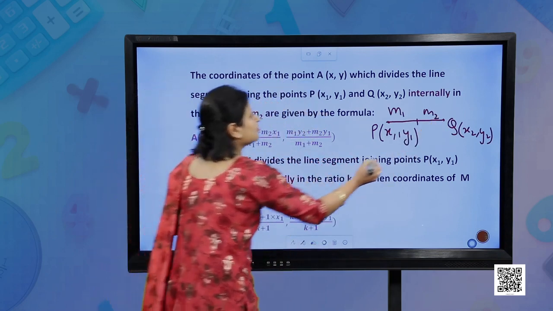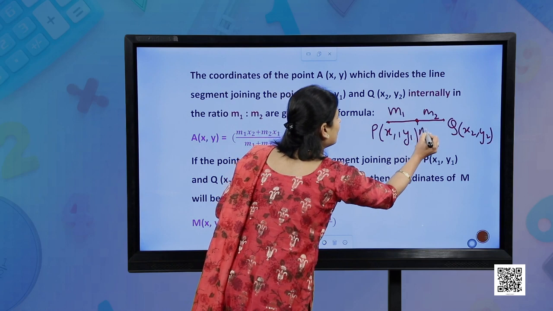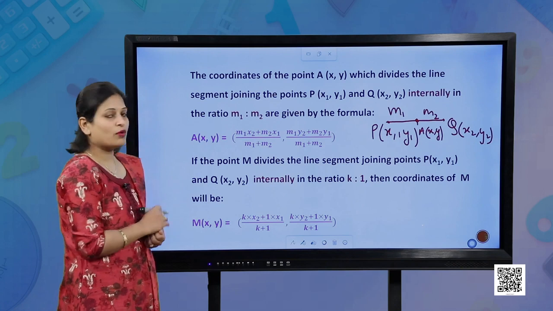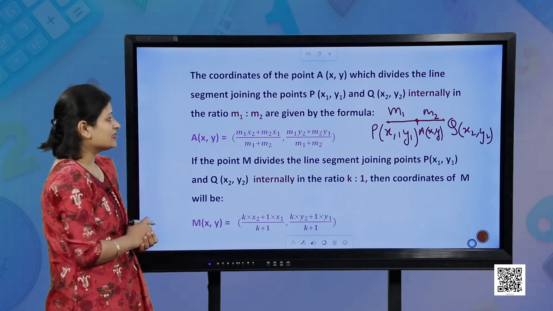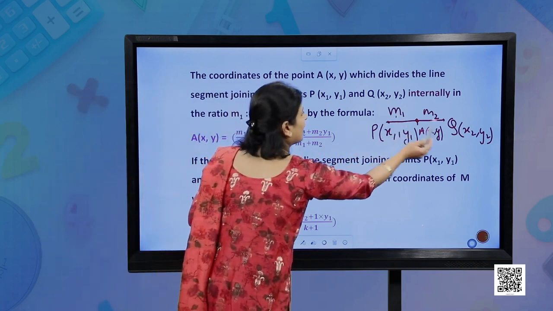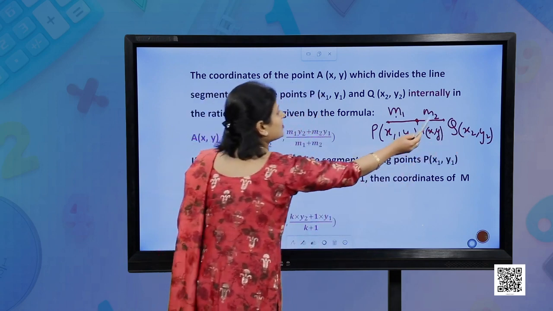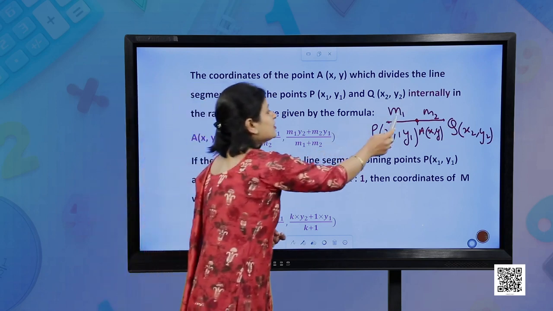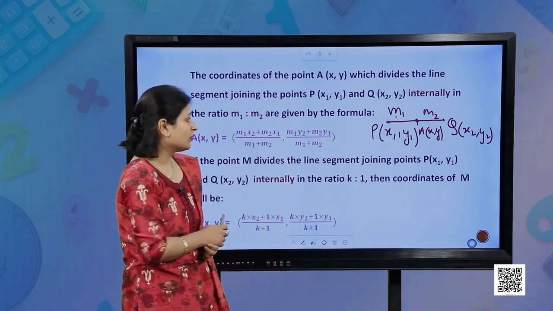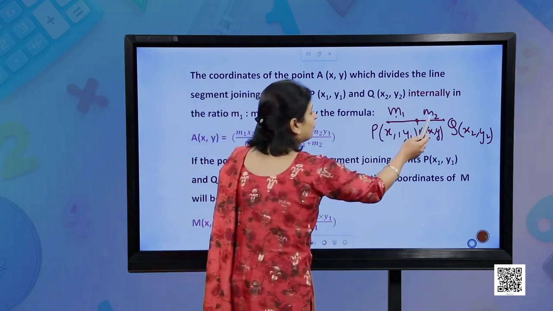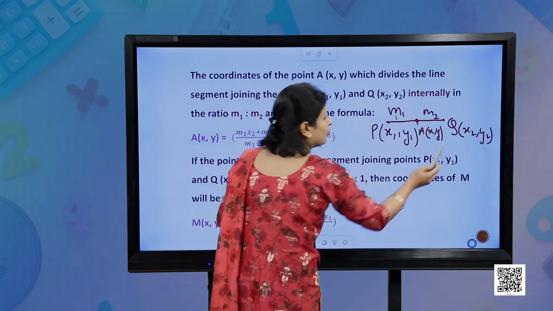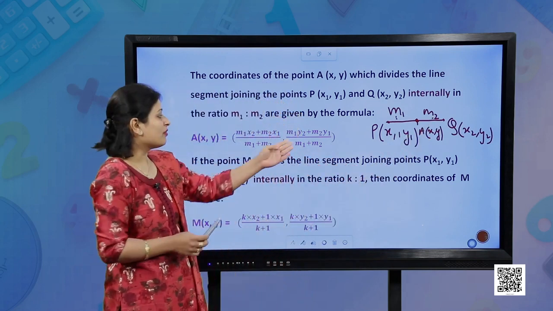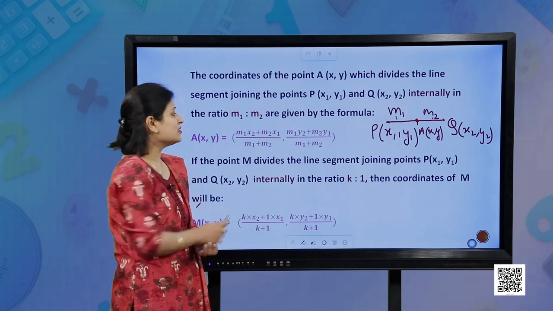So, this point A(x, y) can be found by using the section formula as (m1x2 + m2x1)/(m1 + m2). And for y, what will you do? (m1y2 + m2y1)/(m1 + m2), divided by the sum of the ratios, which is m1 + m2.